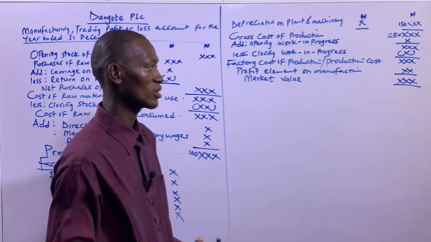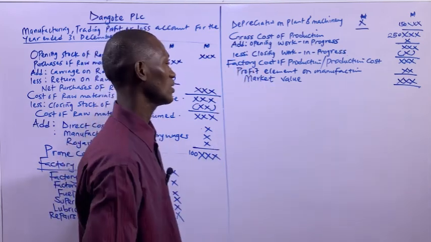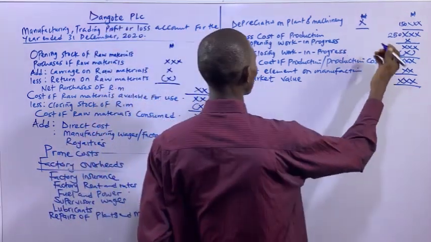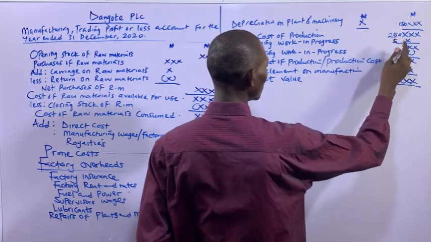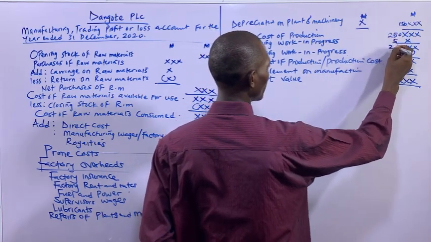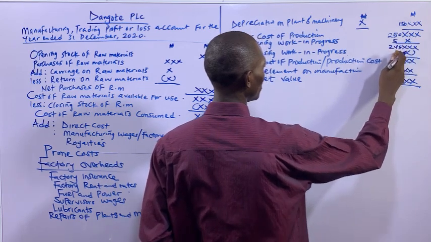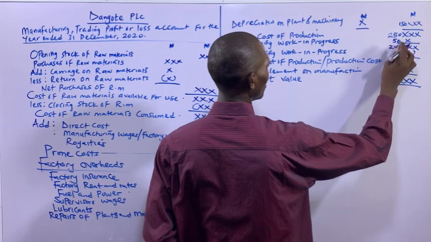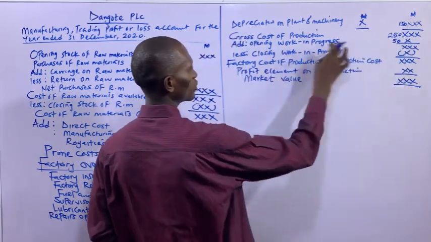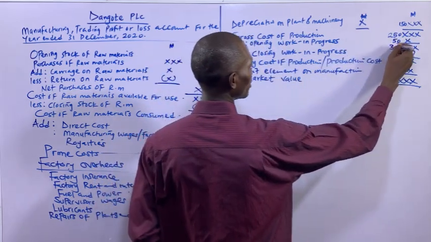We are going to solve a question to illustrate everything. So let's say work in progress is 5. So 250 minus 5, that's 245. And let's say this is added, 50, the opening work in progress. So 250 plus 50 is 300.